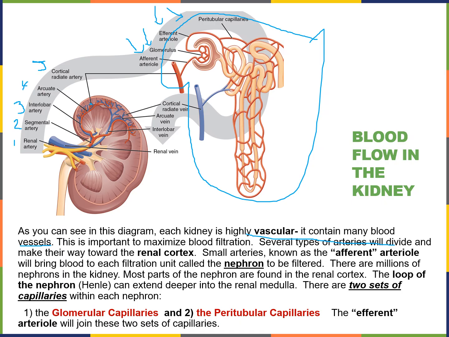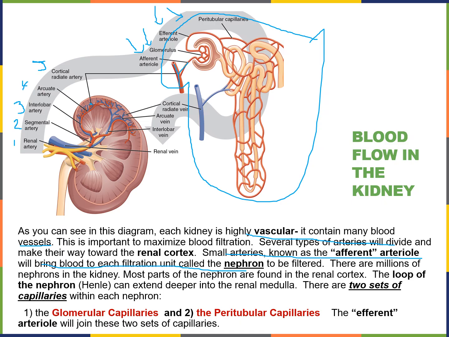So small arteries, known as afferent arterioles, will bring blood to each filtration unit called a nephron to be filtered. So what's shown here is sort of a branch. This here is a branch of the renal artery. It's really a cortical radiate artery, actually, that's branching to give us the afferent arteriole.